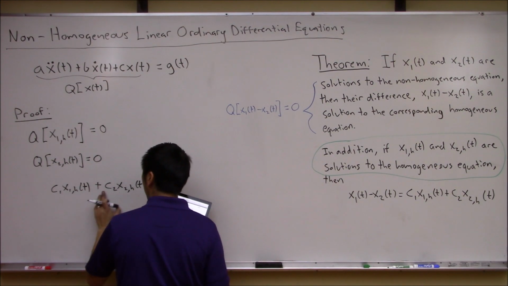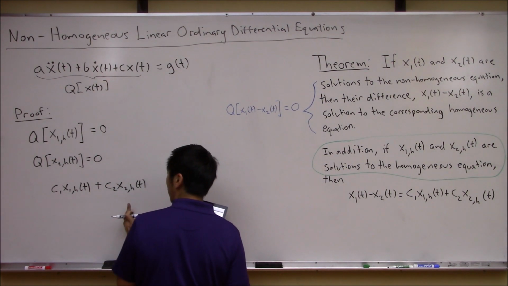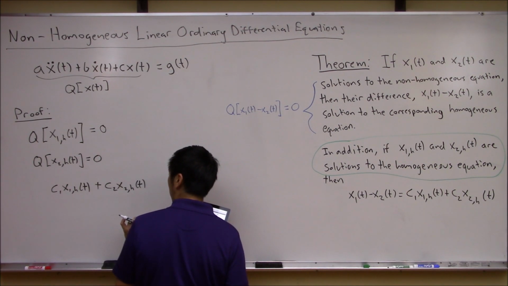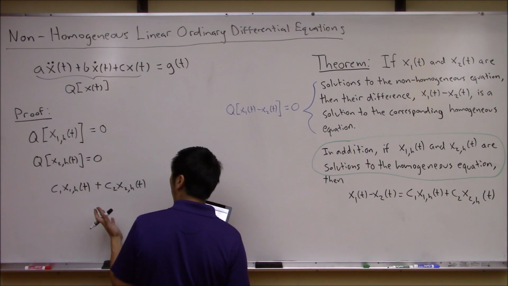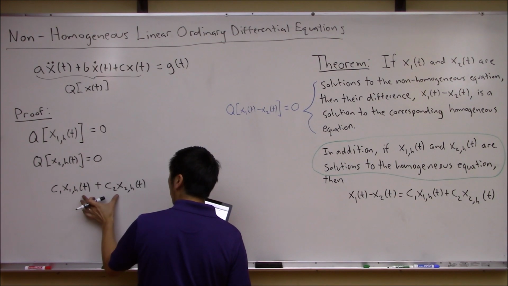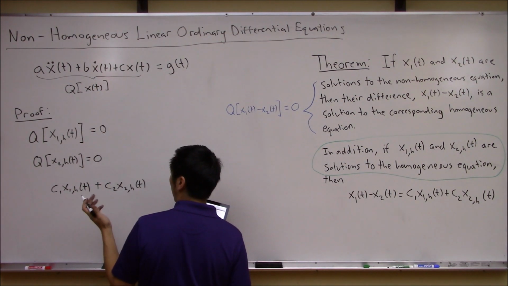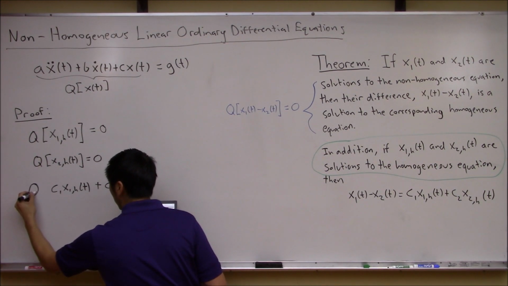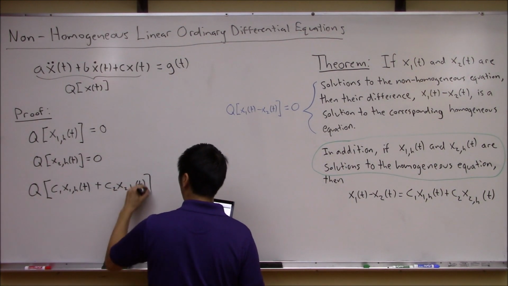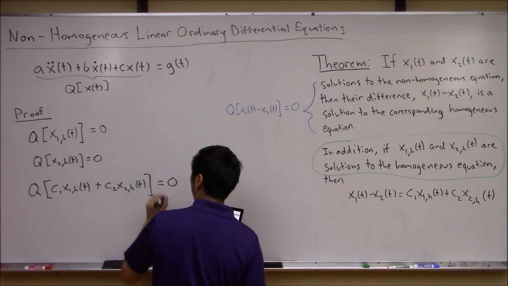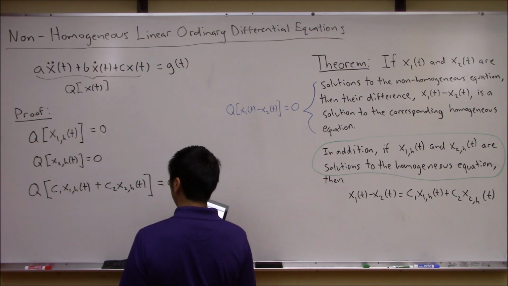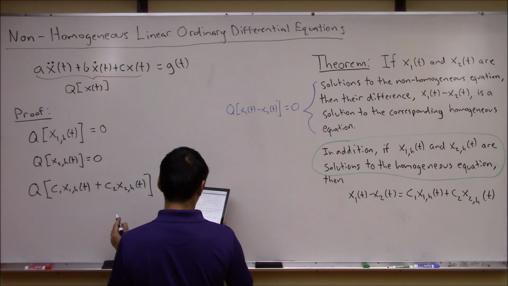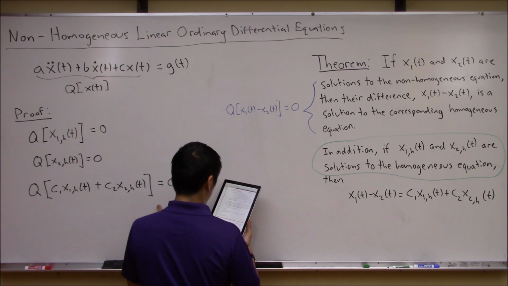This quantity is a linear combination of solutions to the homogeneous ordinary differential equations. Well, this is also a solution to the homogeneous linear ordinary differential equation, meaning if you take the q operator on this, you also get a big fat 0. Awesome. So now, what's interesting is this is equal to 0.